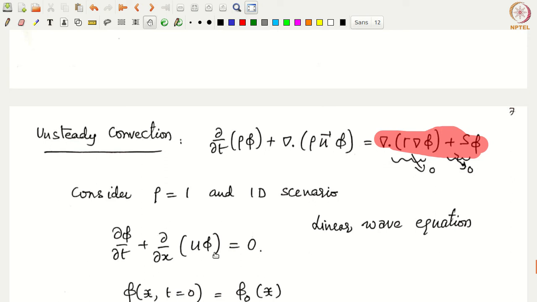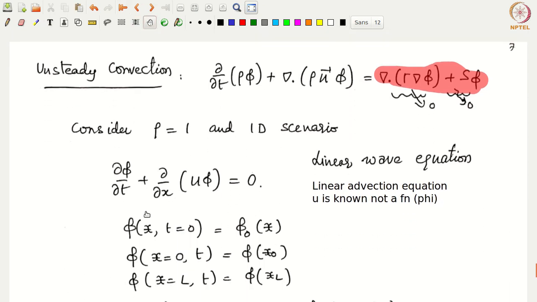This equation is known in the literature as the linear wave equation, or also the linear advection equation. Now why is it linear? It is linear because u is known and is not a function of phi, right? That's why it is linear, okay?